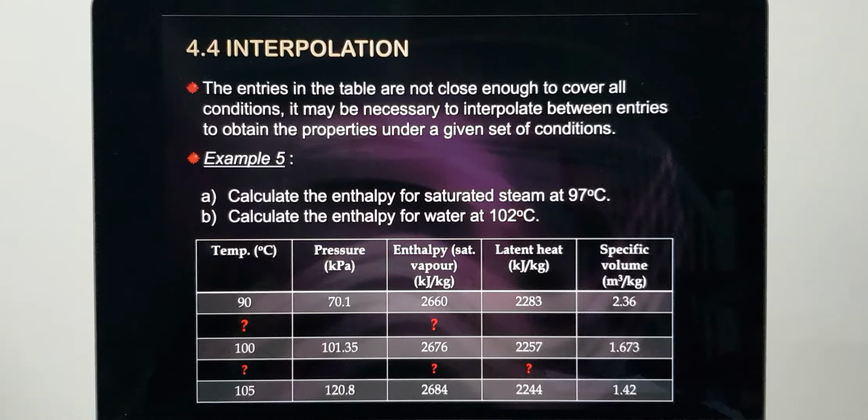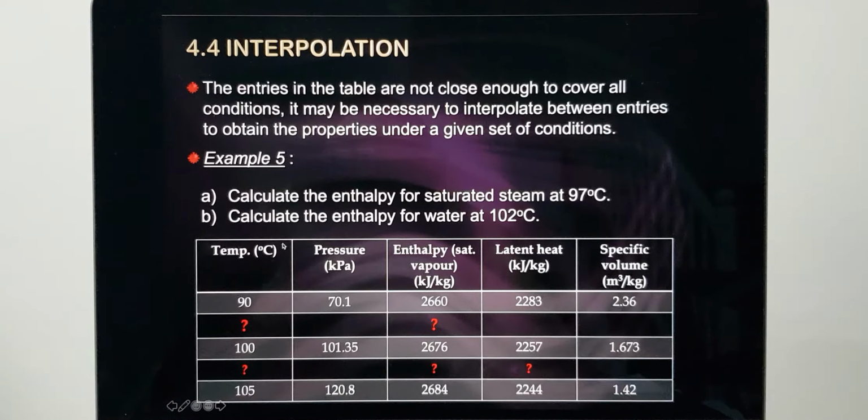So you need to find on your own how to get the value of the enthalpy when you are given a different temperature. So the first one, calculate the enthalpy for saturated steam at 97 degrees Celsius. Calculate the enthalpy for water at 102 degrees Celsius.